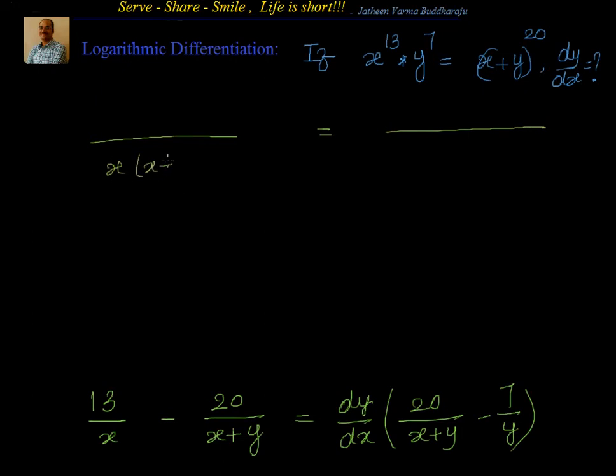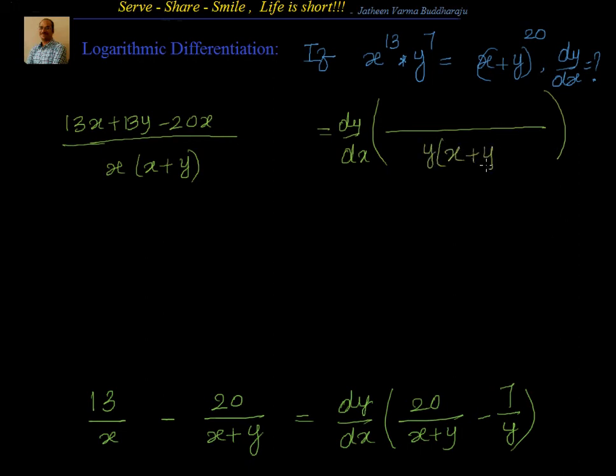Here I have x into x plus y and I have to do cross multiplication, so it becomes 13x plus 13y minus 20x equal to, here also there is dy by dx, yes, I have to multiply that with the LCM here, y into x plus y, and when I take the LCM I'll have 20y minus 7x minus 7y.